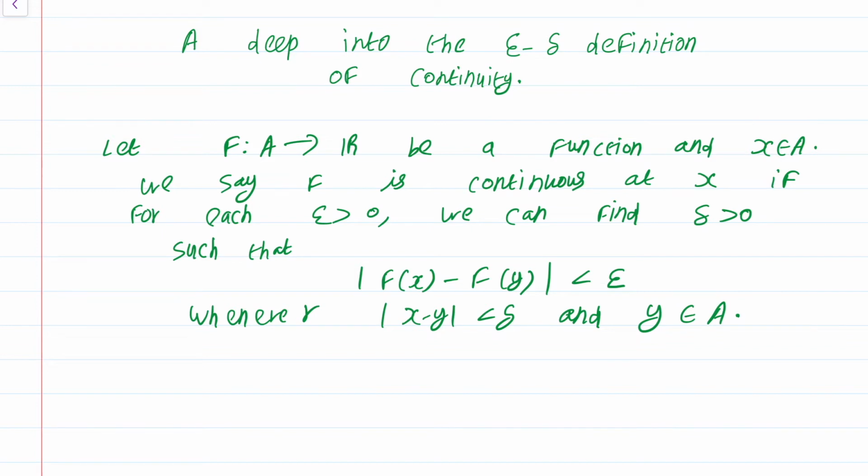The problem is, here there is an epsilon whose role is there in the codomain, and that epsilon is taking center stage first. For each epsilon greater than 0 we can find a delta greater than 0 such that something happens. But the definition of continuity is supposed to be that when x is close to something, something happens.